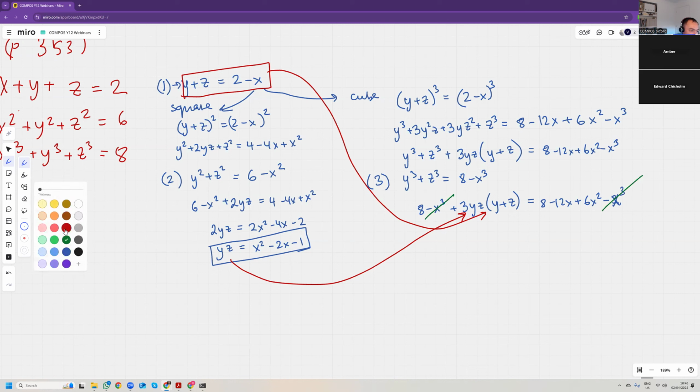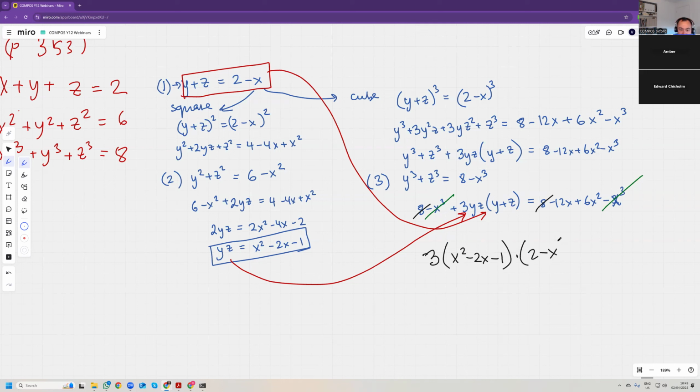So now all we need to do is just relax and enjoy. So it's 3 multiplied by (x squared minus 2x minus 1) multiplied by (y plus z), that's 2 minus x, equals minus 12x plus 6x squared.